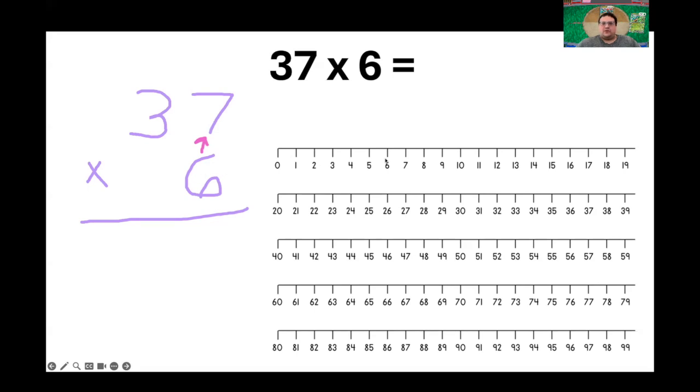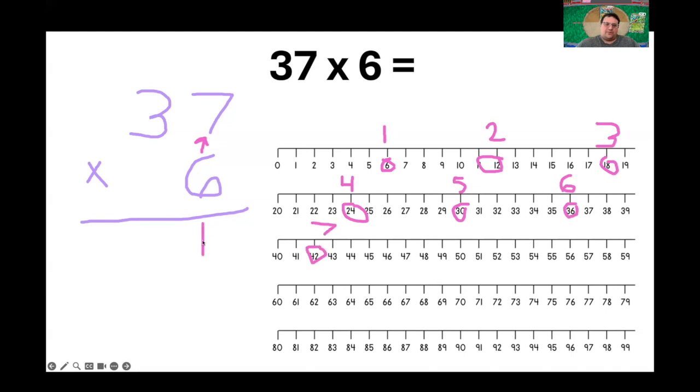What's 6 times 1? 6 times 1 is 6. 6 times 2 is 12. 6 times 3 is 18. 6 times 4 is 24. 6 times 5 is 30. 6 times 6 is 36. And 6 times 7 is 42.